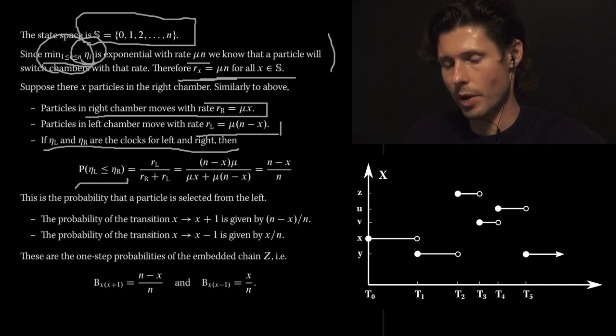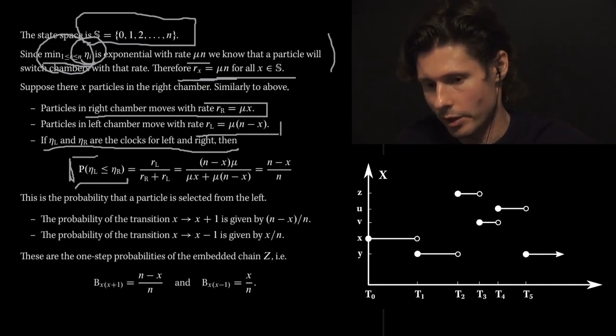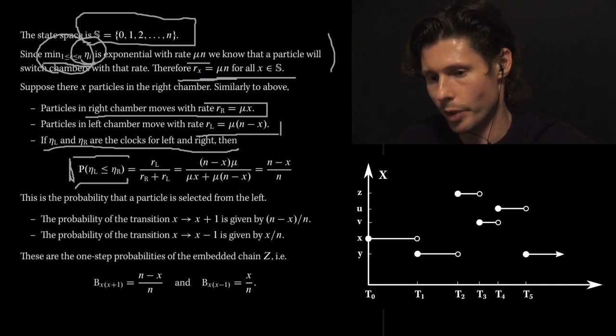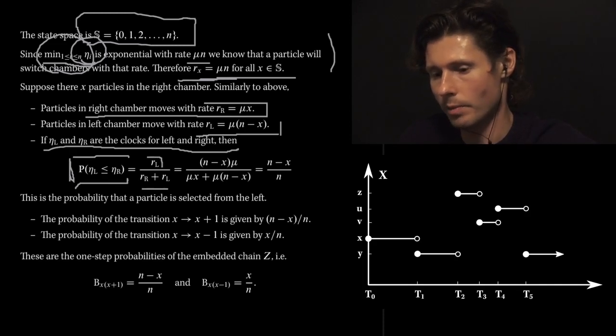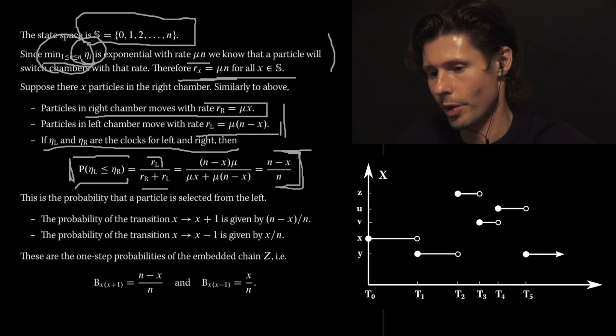So this corresponds to the transition where the particle from the left moves over to the chamber on the right. We've seen this calculation again. What's the probability that one exponential is less than the other? You put the rate of the winner up on top, and you sum the rates on the bottom. So just expanding out and substituting R_L and R_x gives me this, which should remind you of the Ehrenfest probability.